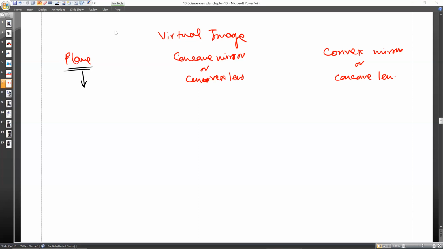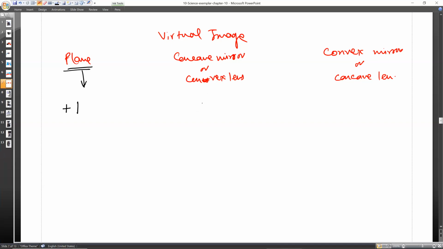The plane mirror will form a virtual image of the same size as the object. Yes, it is going to form a +1 magnification image. Virtual, indicating virtual, and +1 means exactly the same size. What about the concave mirror? It will be enlarged.